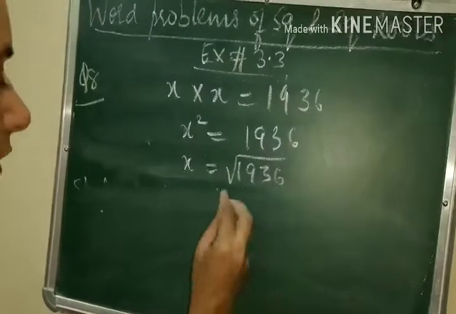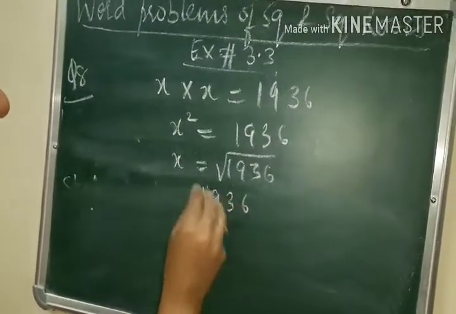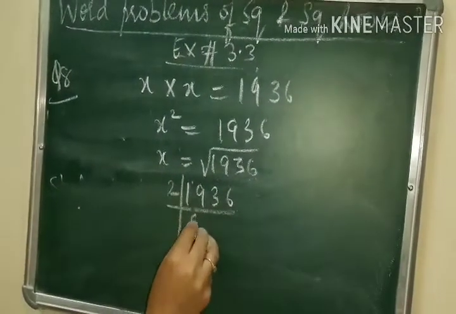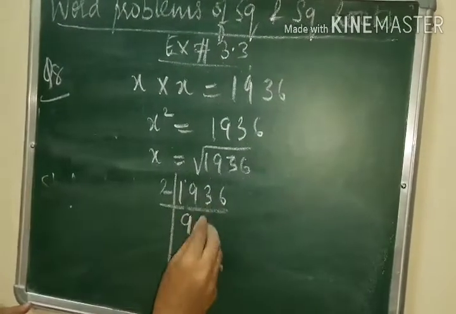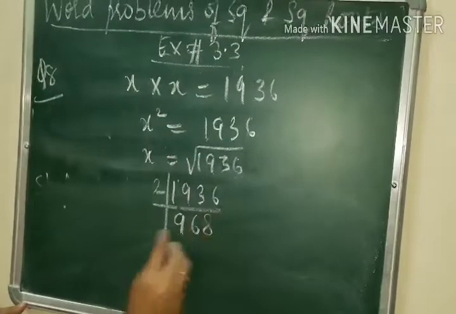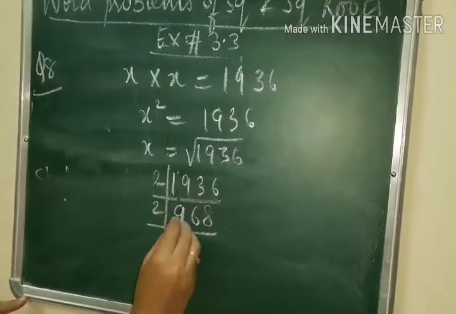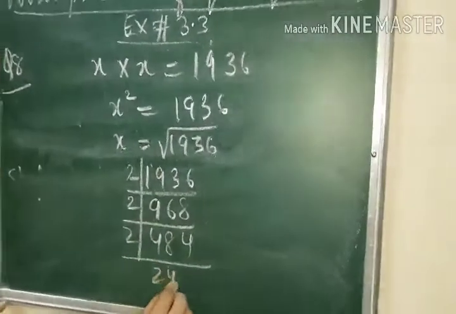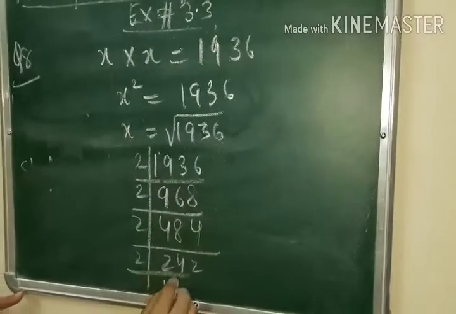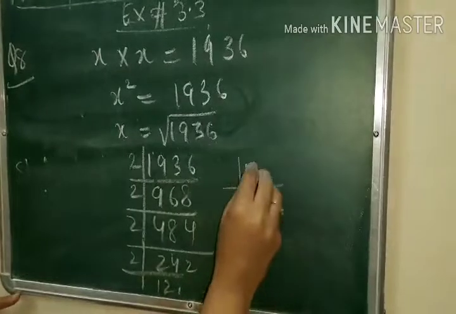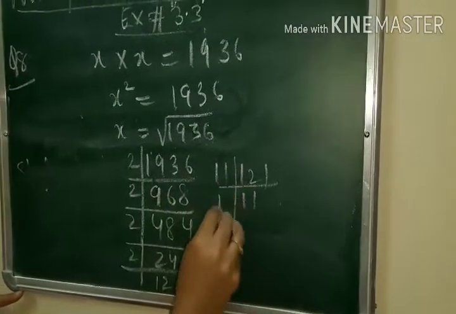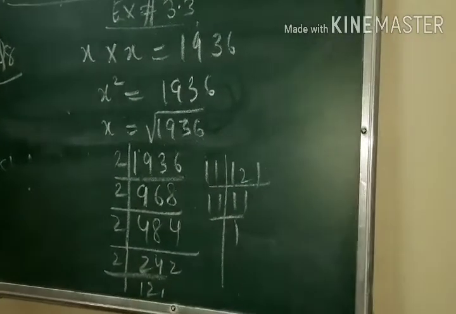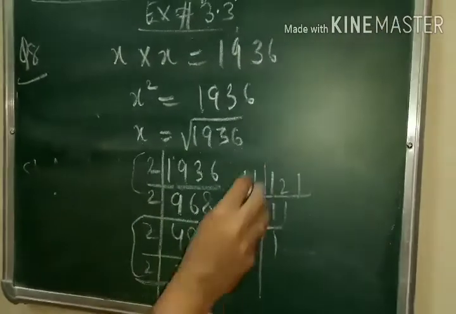So 1936, when we find the square root by prime factorization: 2 8s are 16, 2 9s are 18, 2 4s are 8, 2 2s are 4, 2 2 and then 121, and 121 is the square of 11, so it will go only by 11. Now we have got the pairs.